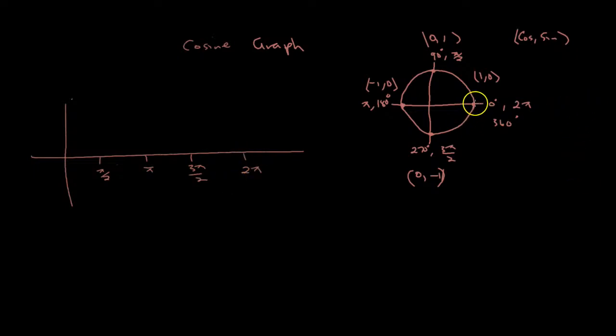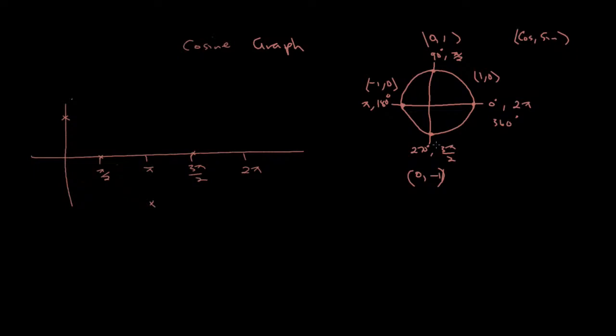So at the beginning here, we have 1. So we're going to start here at 1. Then we go to 0. We go down here to 0. Then here to -1, which is right here. Then we go to 0 again. And then we go to 1 right here.